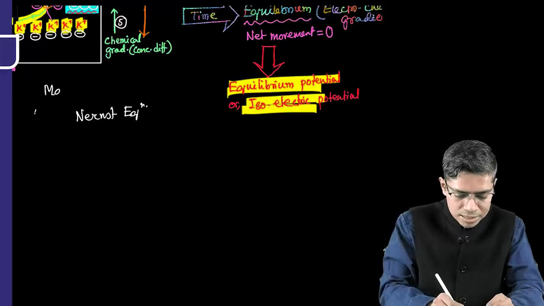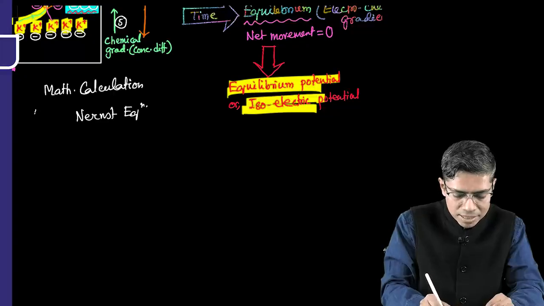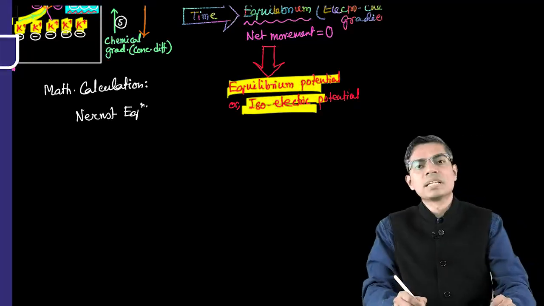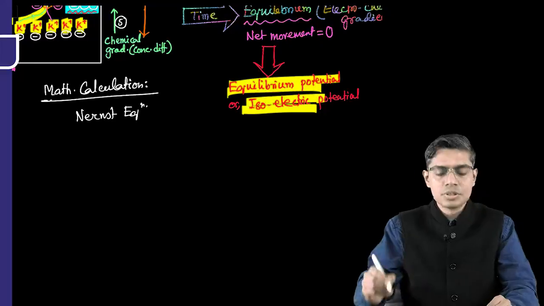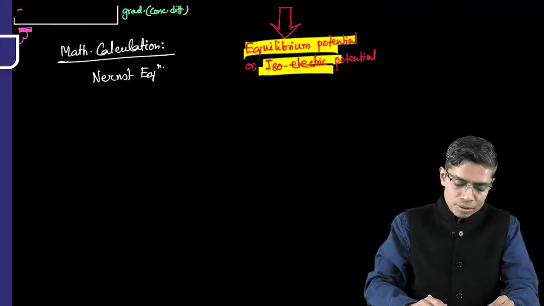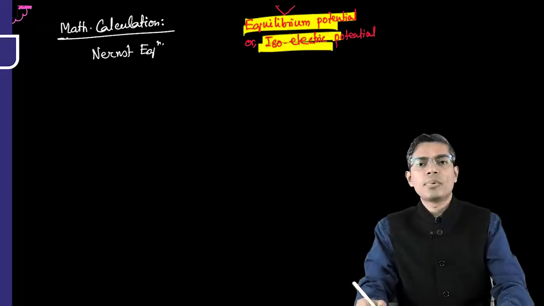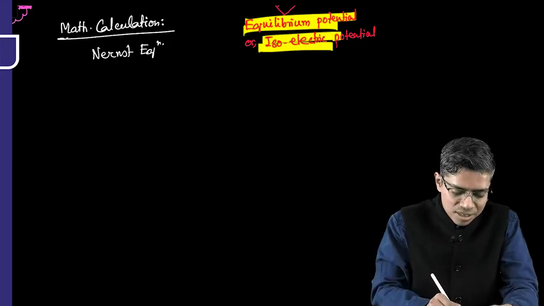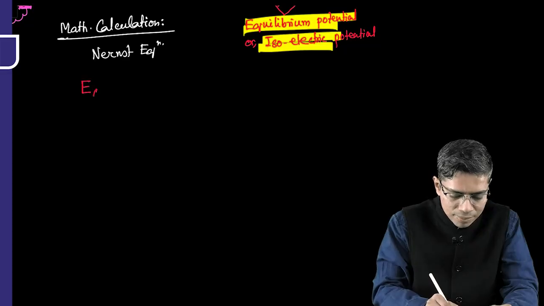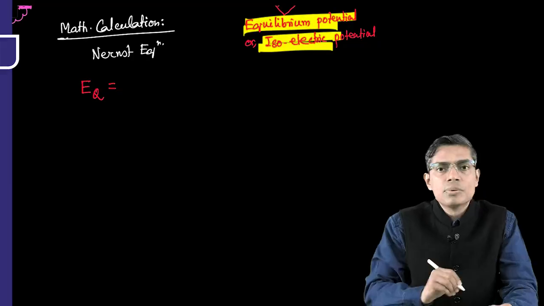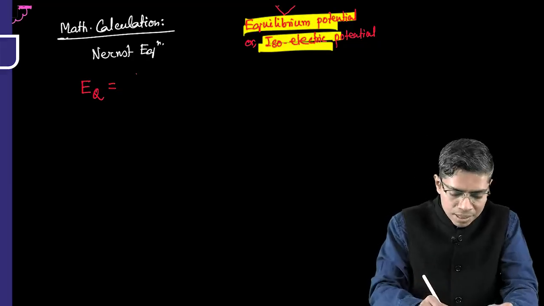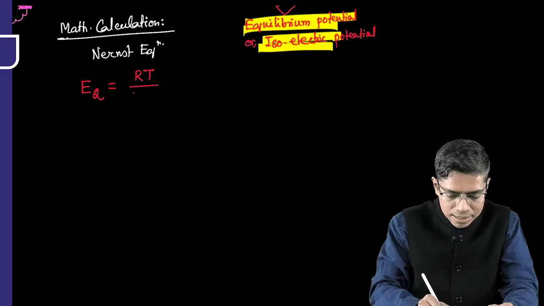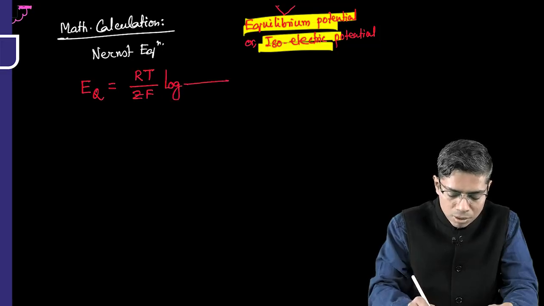So what is the Nernst equation? It is nothing but the mathematical calculation of equilibrium potential. Now let us look at the equation, very important for Central Institute examination and obviously NEET also. According to the Nernst equation, the equilibrium potential of an ion, EQ, is equal to RT/ZF times log of the concentration of the ion.